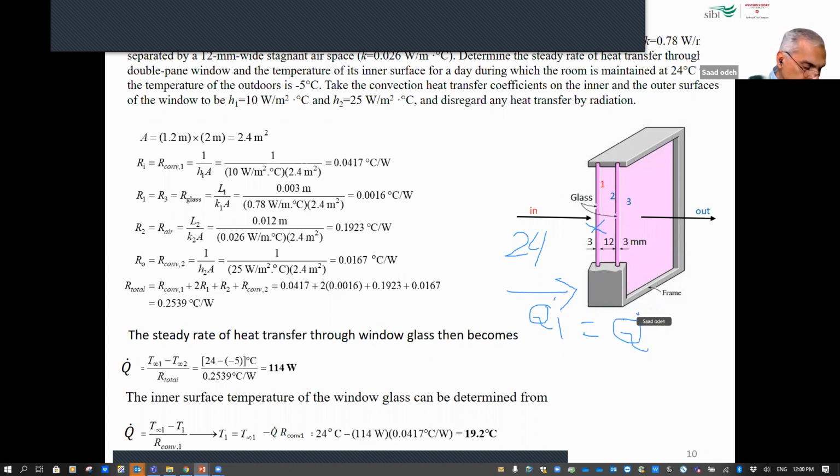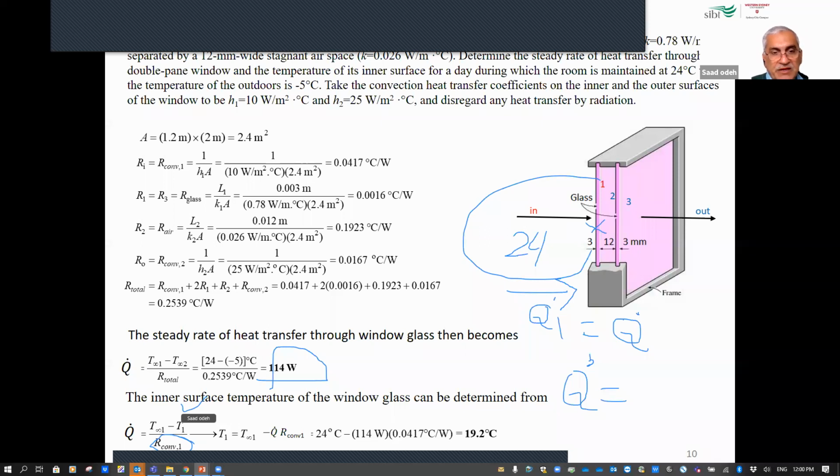Then I know Q dot, which is already given here, right? And I say that Q dot for this part is equal to delta T of this part divided by R convection. Correct? So I know T1 because it's already 24, it's inside the room.